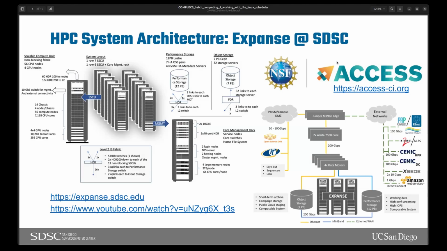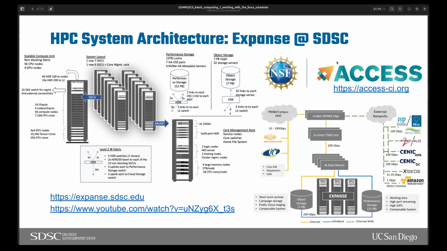And that means you also usually have some sort of specialized high bandwidth, low latency interconnect. We have, for example, InfiniBand on Expanse. But in addition to the compute nodes where your jobs and your research will run, you also have different specialized storage systems. For example, on Expanse, we have a Lustre file system, which is good for really large reads and writes if you're doing weather simulations or something like that.